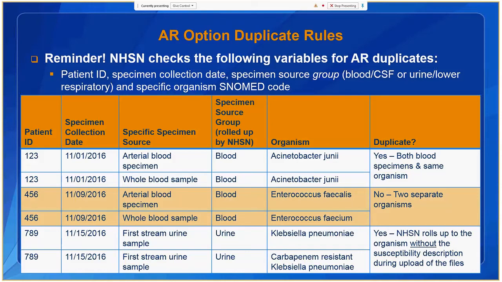It's important to note that the new organisms added to NHSN that have the susceptibility description in the organism name, like carbapenem-resistant Klebsiella pneumoniae, will be rolled up by NHSN to the organism without the susceptibility description. So when you upload that into NHSN, it will automatically roll that up to a Klebsiella pneumoniae, and therefore that will be considered a duplicate.